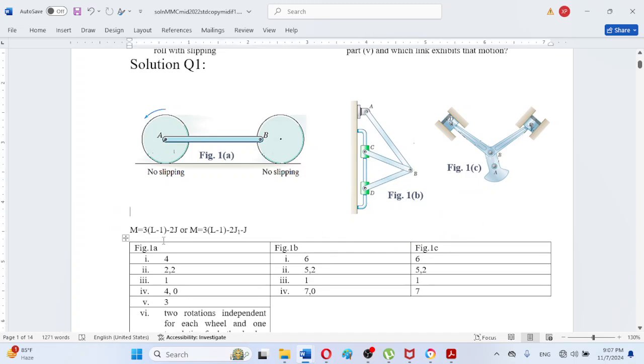I have not presented a detailed solution because that was a simple question. I have simply written the two formulas here. This is the Grubler formula: m is equal to 3 into (L minus 1) minus 2j, and this is the Kutzbach equivalent: m is equal to 3 into (L minus 1) minus 2j1 minus j2, where j2 is a subscript.